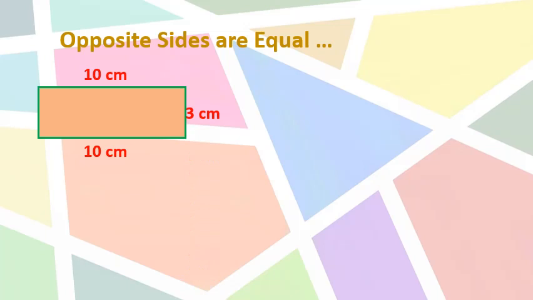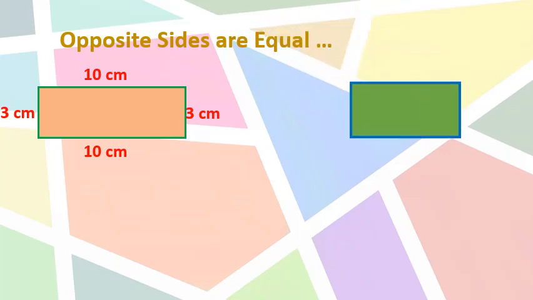This is the width, 3 centimeters. The opposite side, which is also a width, is also 3 centimeters. Another example. This is a rectangle. The first length is 7 centimeters. The opposite length is 7 centimeters. Now this is the width. The opposite width is 4 centimeters.